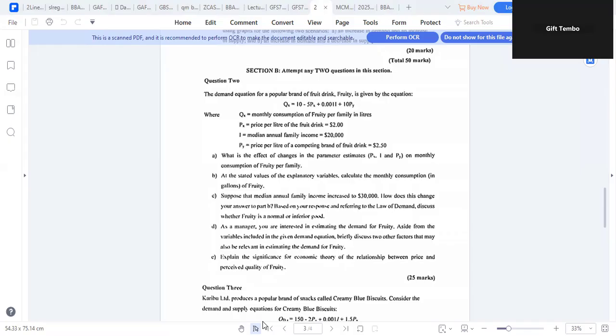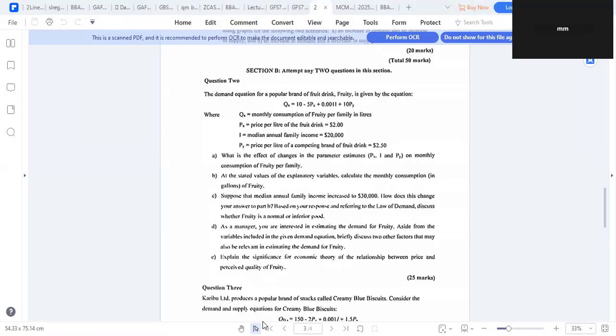We need to substitute the letters with the amounts given, the numbers given. To find the Q, we just substitute what has been given there. As simple as that. So we just need to calculate the value of Q, like we did when we were asked to calculate the annual demand.